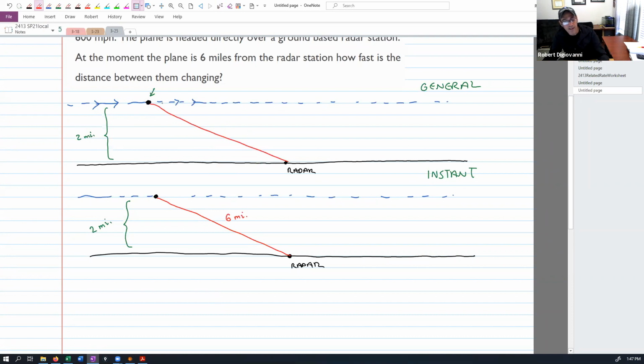And because it's not fixed at 6 miles in my general picture, I'm going to label it H. I kind of know why I picked H, because it's like the hypotenuse of a triangle that I'm about to draw. So if I go like this and drop straight down, we know this side is 2, and that never changes in both pictures. That side's 2.